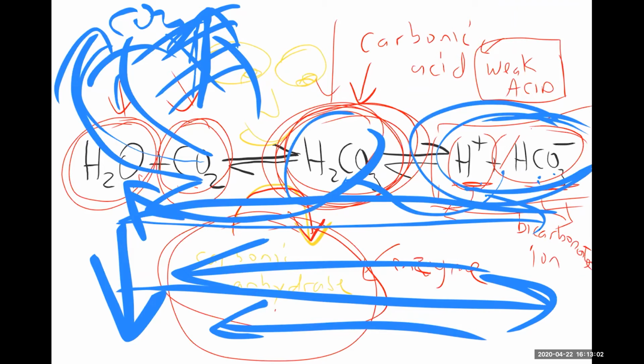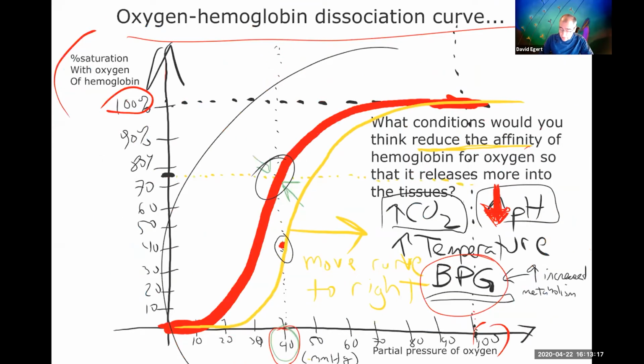And then you said something about how when the pH is low, more oxygen will be released into the tissue. Yeah, so that goes back to this. Remember we said increased CO2 means, normally, let's say at 40 millimeters of mercury, the blood only releases 25% of its bound hemoglobin.